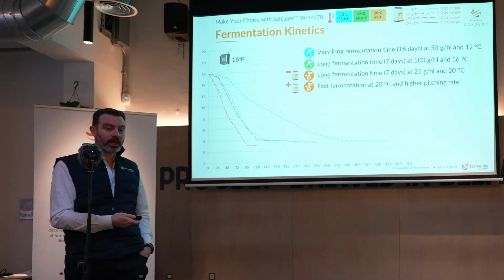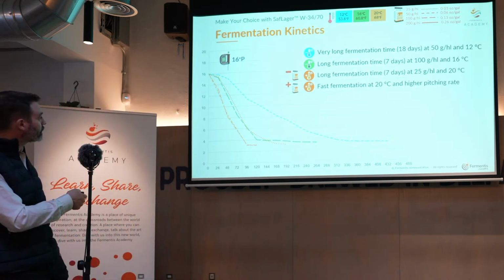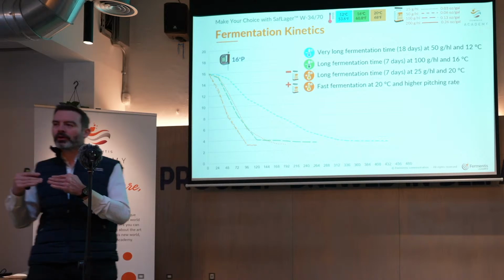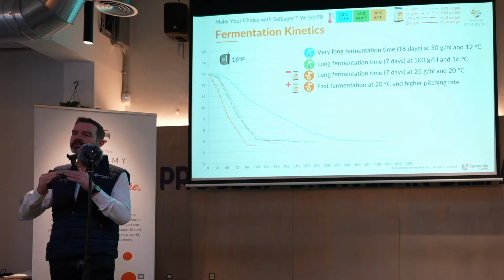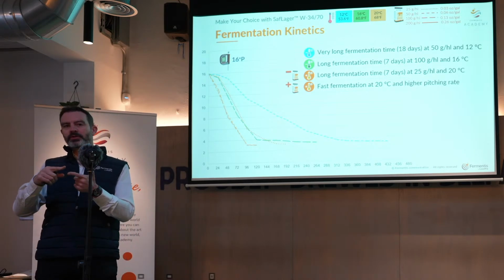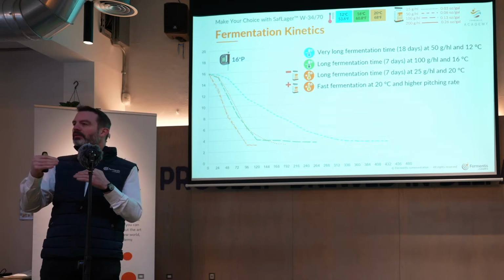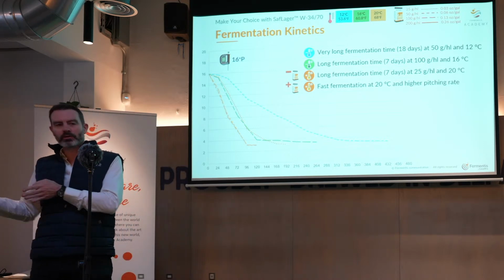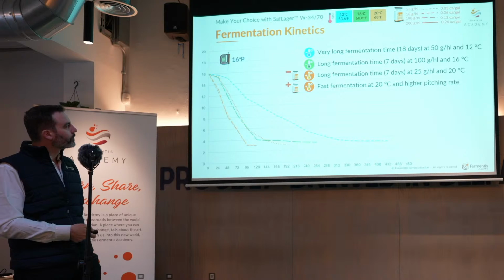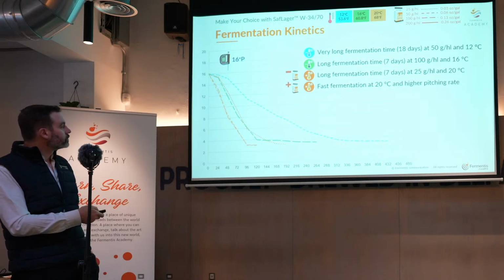Pretty much we have the same conclusion here at 16 Plato, only with the higher extract you exacerbate the differences. Okay, so you have one stress that is the temperature, and another stress that is the extract, and combined they will make even longer fermentations. Yeah, that's pretty much it.